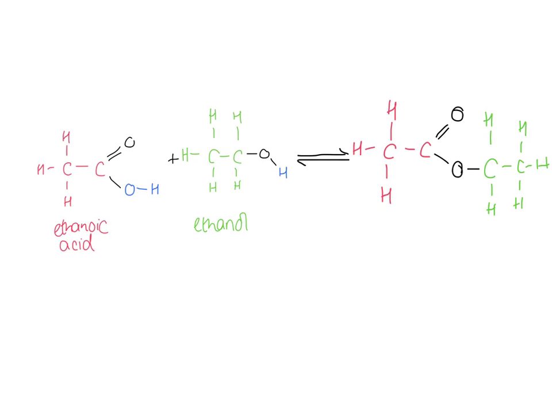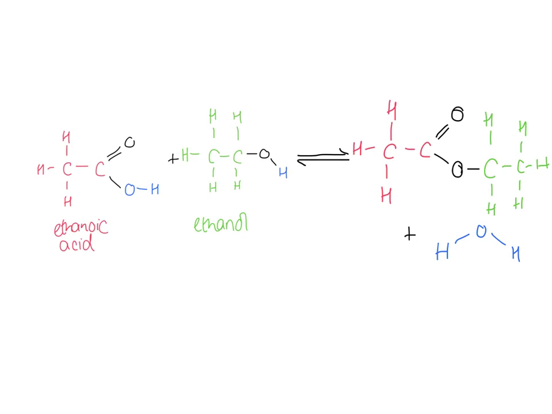Okay, and then we've lost a water molecule, so we'll draw that in our blue to show which particular atoms they came from. So you can see basically my ethanol and my ethanoic acid have just added together at that acid position. We've just swapped the hydrogen of the acid, so to speak, with the carbon chain of our alcohol.